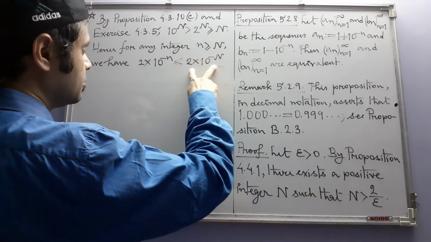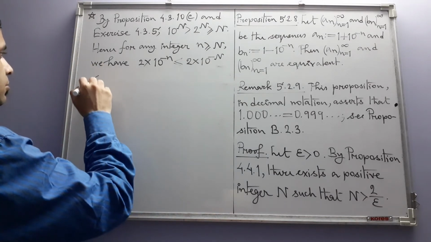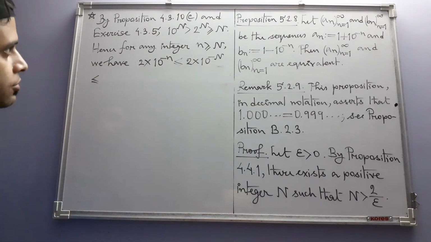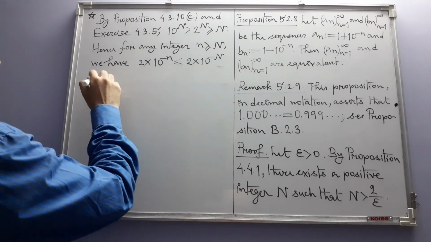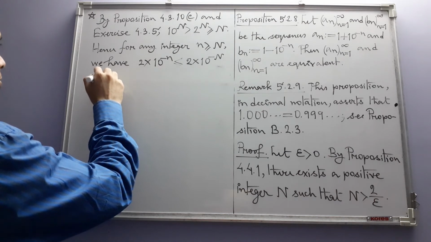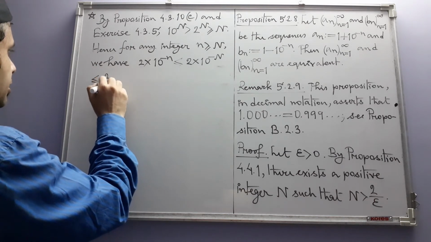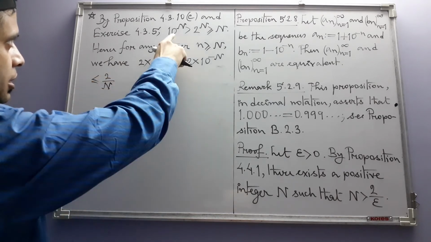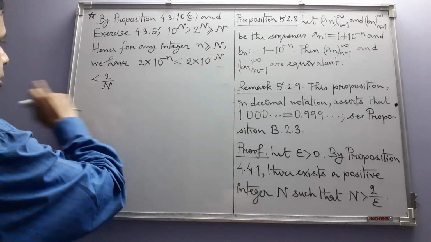And this is less than or equal to what? 2 divided by N. You see, 10 to the power N is greater than, we have strict inequality.